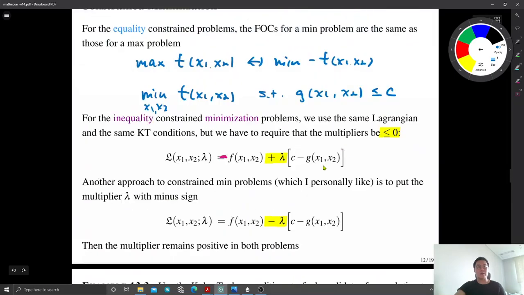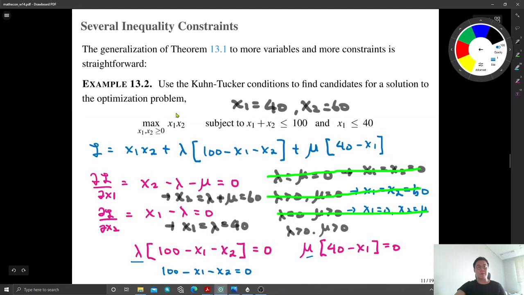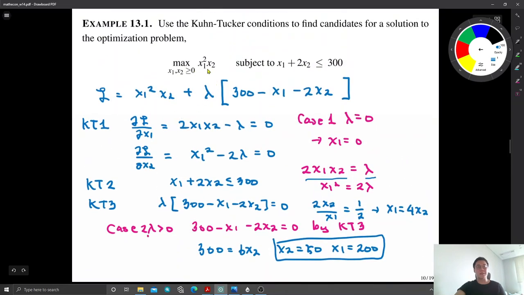So going back to this example, we attempted to maximize this quantity, given the linear constraint, and remember, Cobb-Douglas is quasi-concave. So this candidate that we derived from the Kuhn-Tucker condition should be just a candidate, because the Kuhn-Tucker condition is just a necessary condition.